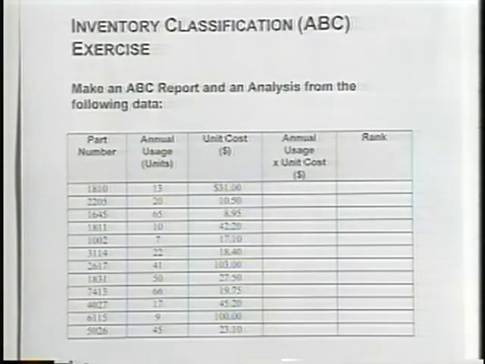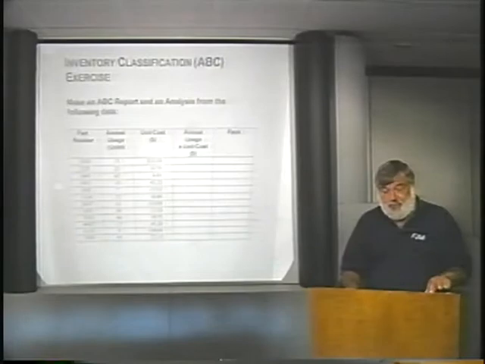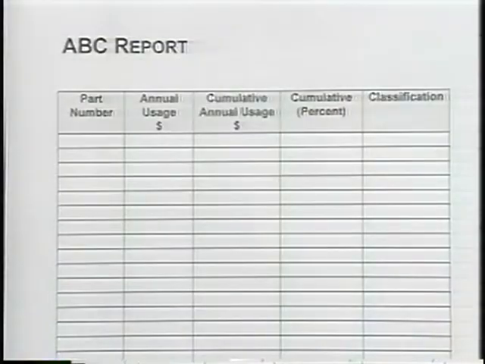Now, if you turn the page to 14, you have another source document which is part of your homework assignment. And again, starting at the left-hand column, you're going to transfer the part numbers from page 13 to page 14, but in descending annual usage value.